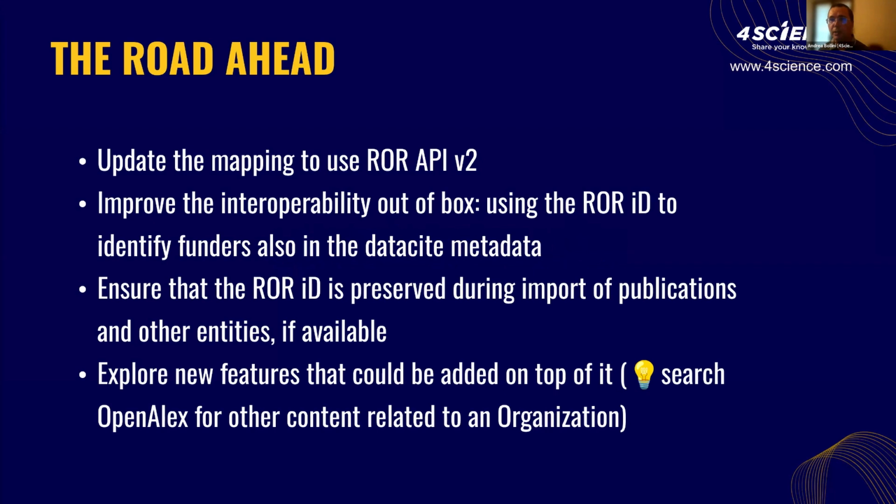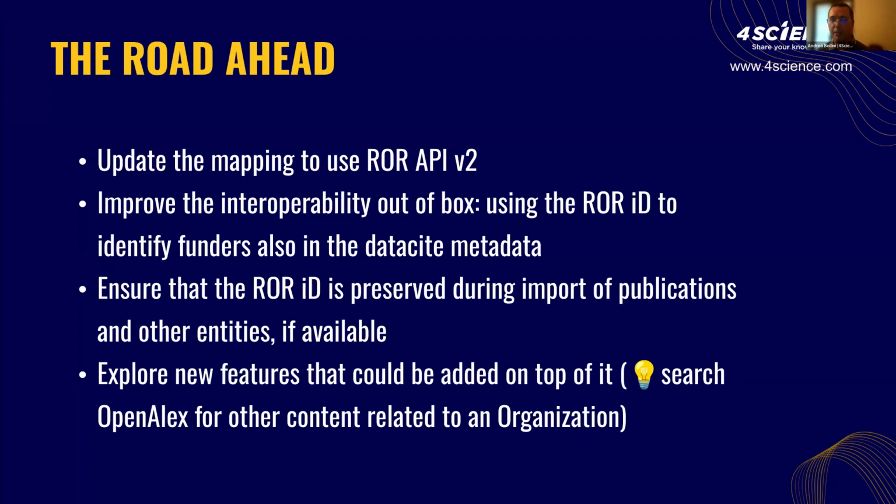This will require just an update of the mapping, because the implementation has been based on a configurable client where you can specify the endpoint of ROR. So you just need to update the endpoint to mention that you want to use version 2.